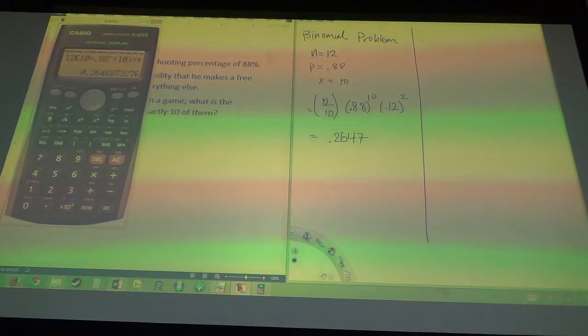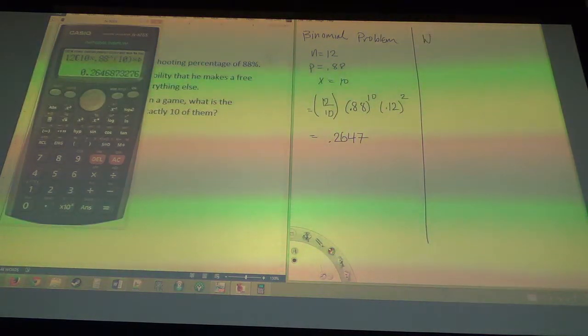What is the mean number of free throws that we expect Chris Paul to make?